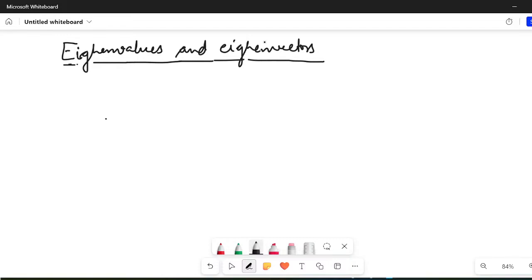I hope you know some bit of system of equations. Still, I'll do that discussion later on. But let us first do the discussion of eigenvalues and eigenvectors. At least that gives you some sort of excitement to this topic.